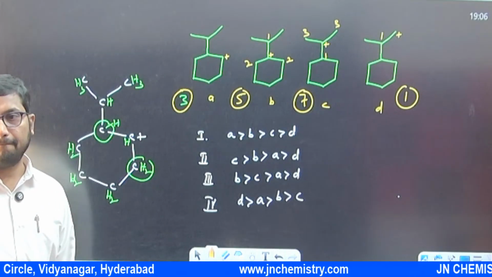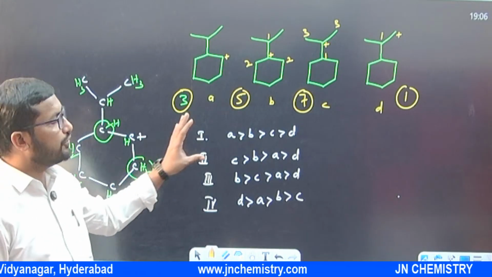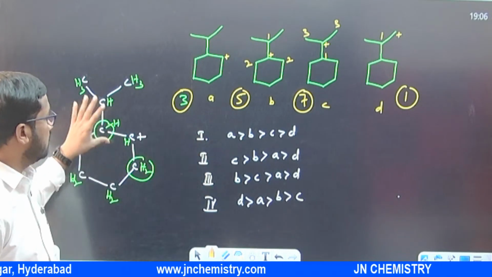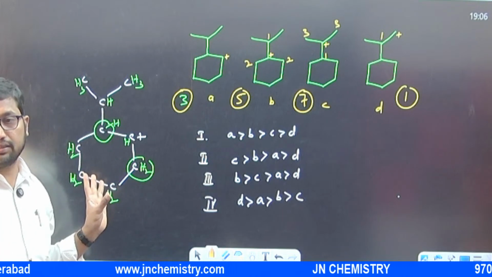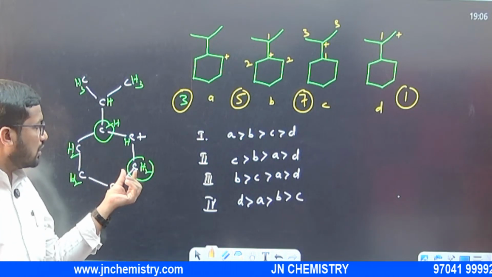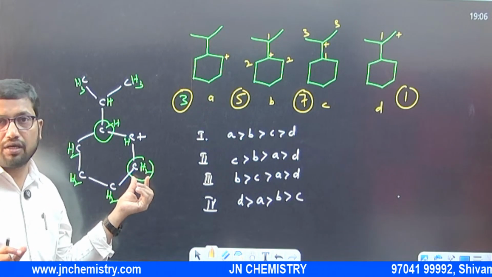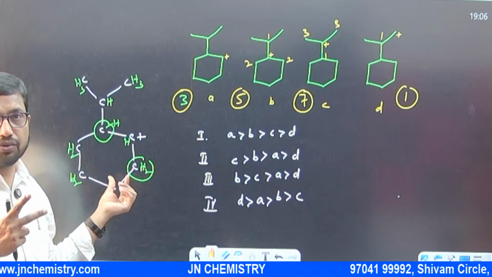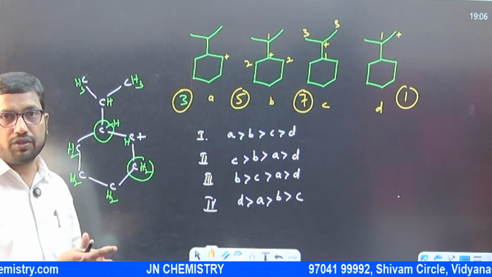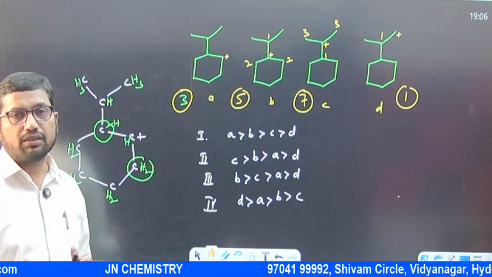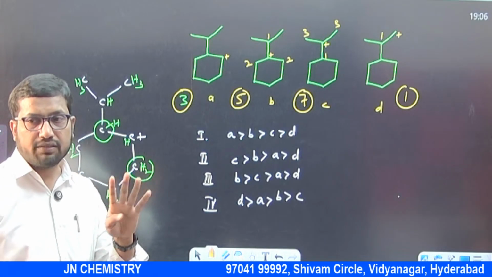If anybody is confused writing the alpha hydrogens, write the structure skeleton like this. Cross-check with the carbon. If the carbon has 2 bonds written, the remaining 2 bonds are written with hydrogens, because carbon always has 4 bonds, right?